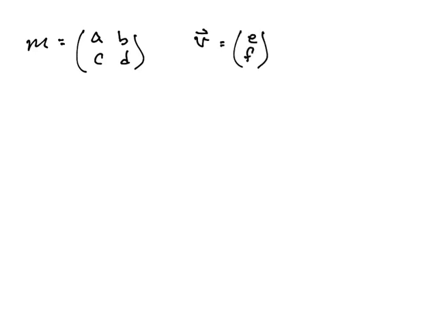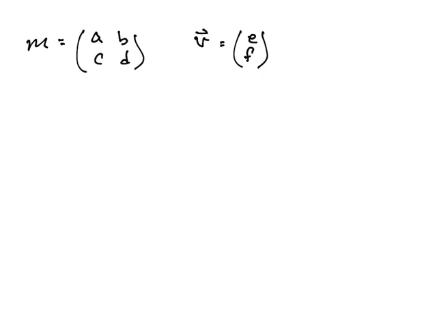So say we have matrix M is A, B, C, D, and we have the vector V is E, F, right? So we have a 2 by 2 matrix and a column vector of length 2.